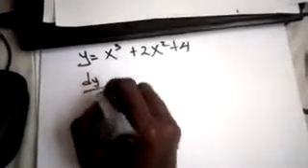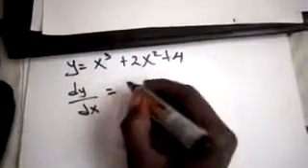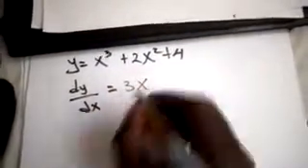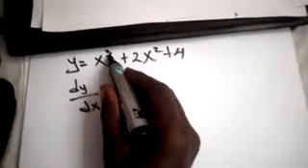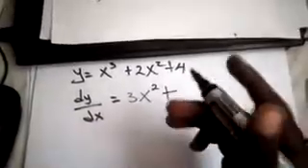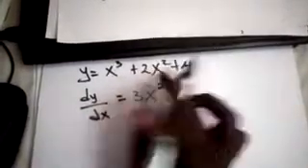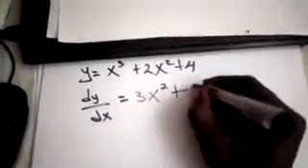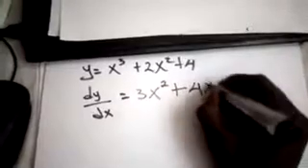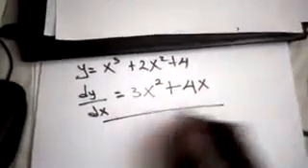The dy/dx is going to become, we start with this, multiply by the power, that is 3x, reduce the power by 1, it becomes 2, plus, remember here we differentiate each term separately. Hope that is clear for everyone. So here, multiply by the power, it becomes 4, reduce the power by 1, it becomes x, plus a 0. I'm just going to leave it there.